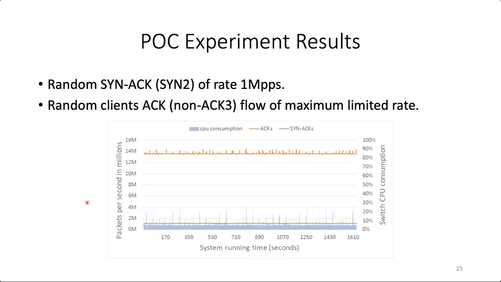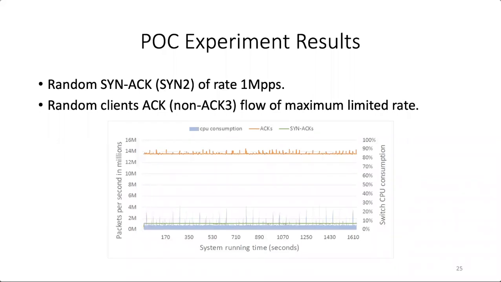In the graph, we see that 40 million ACK packets were passing through the load balancer per second, and about 1 million SYN ACK packets were passing through the load balancer per second.